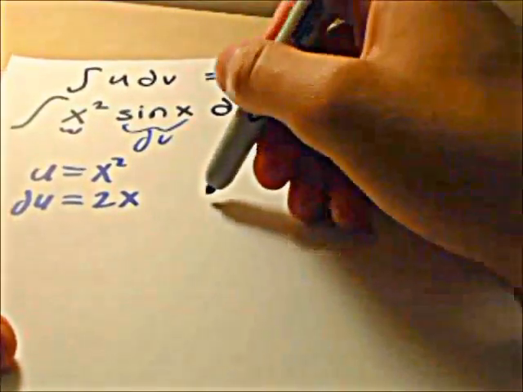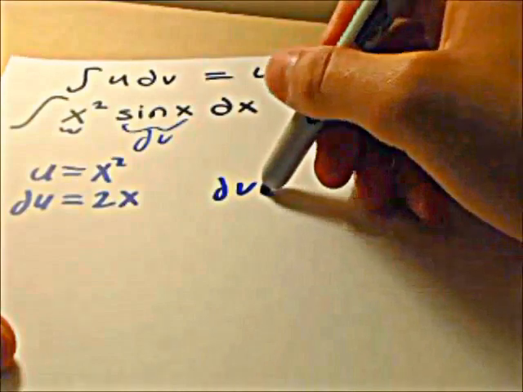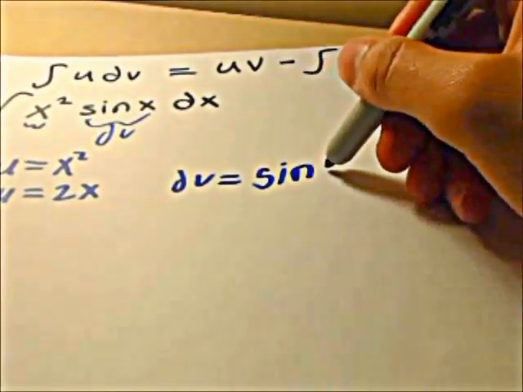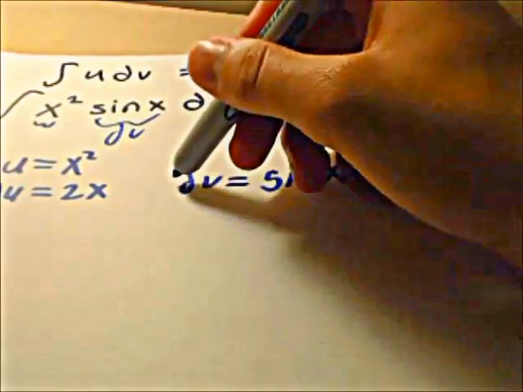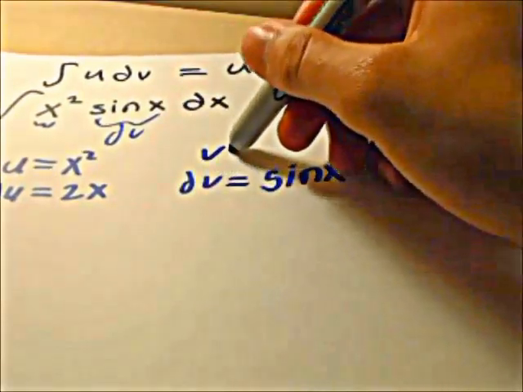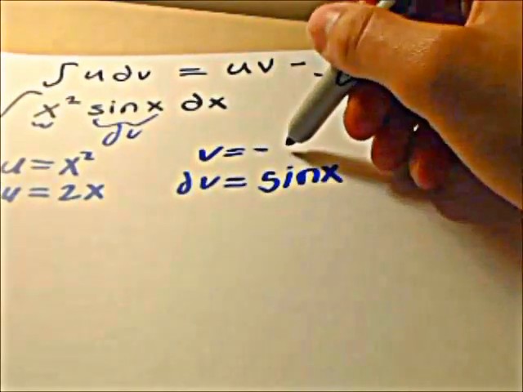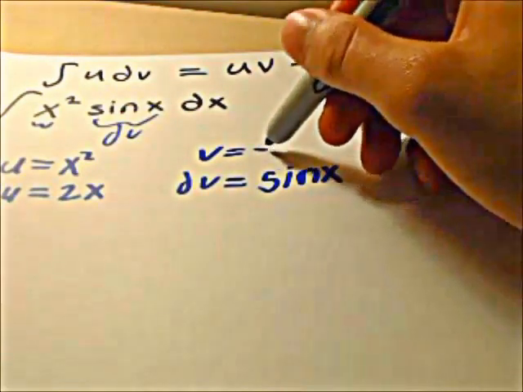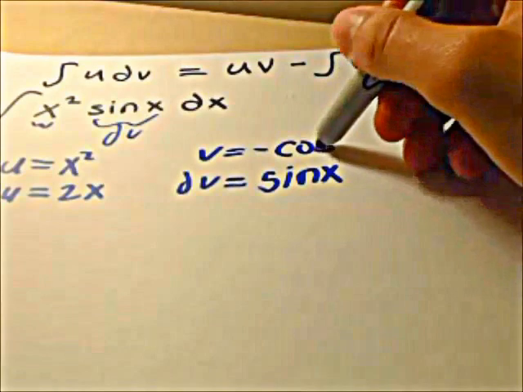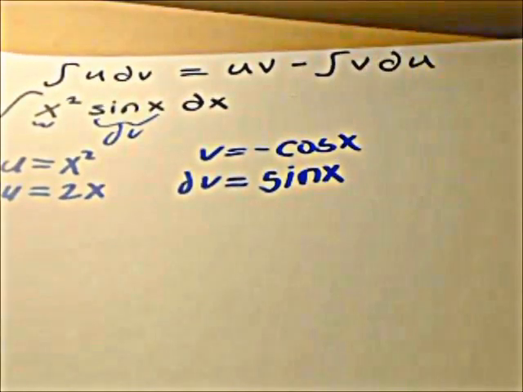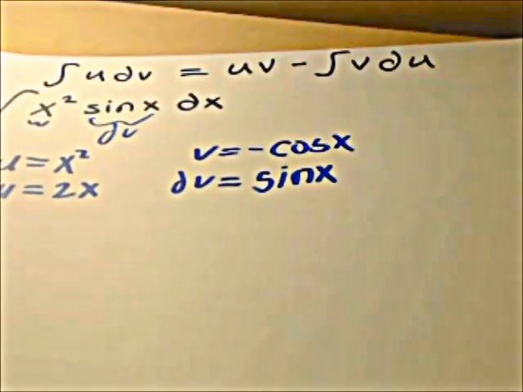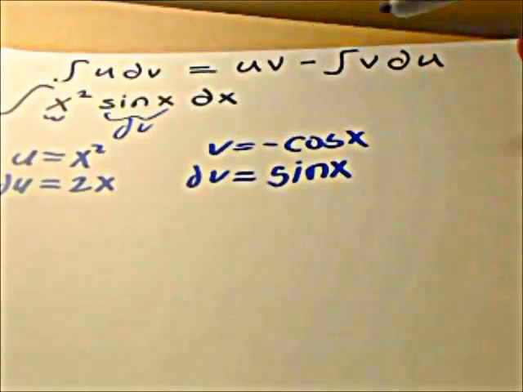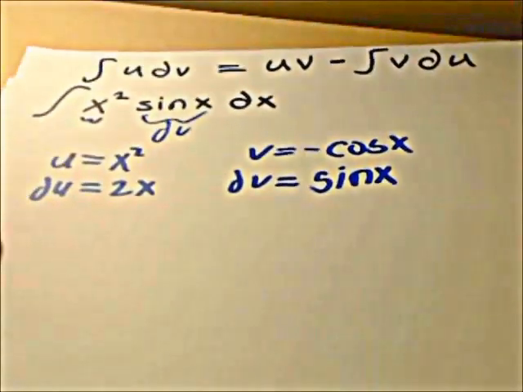Again, our dv is going to be sine x. So if we take the integral of that, that would be minus cosine x. So let's just rewrite it as the integration by parts formula.